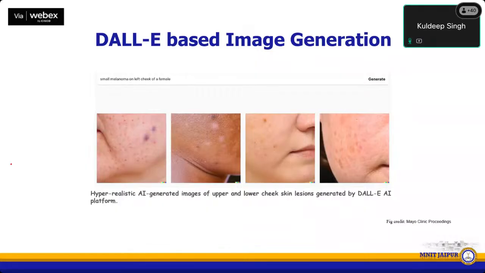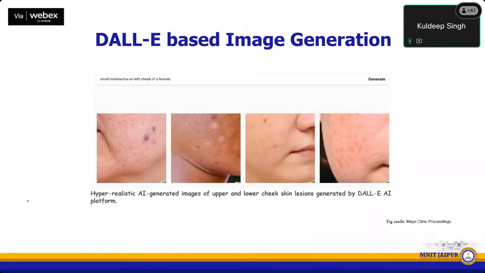Another example of generative AI, specifically generation of images, is DALL-E, and this DALL-E based image generation is being shown here. They are able to generate hyper-realistic AI generated images, specifically for different kinds of skin abnormalities. So this was about the application of generative AI in healthcare.